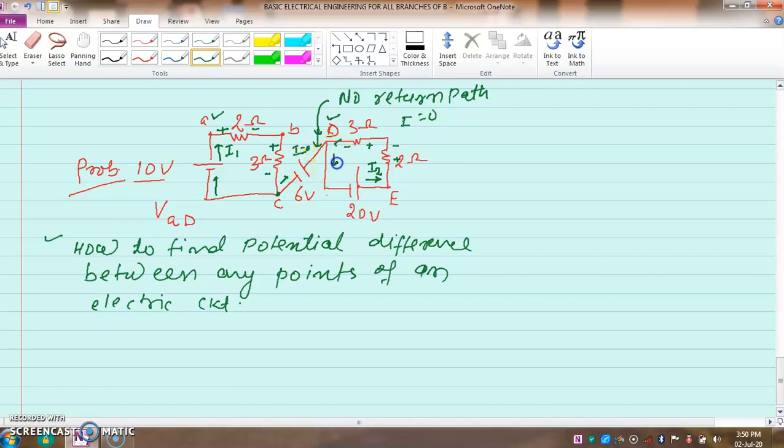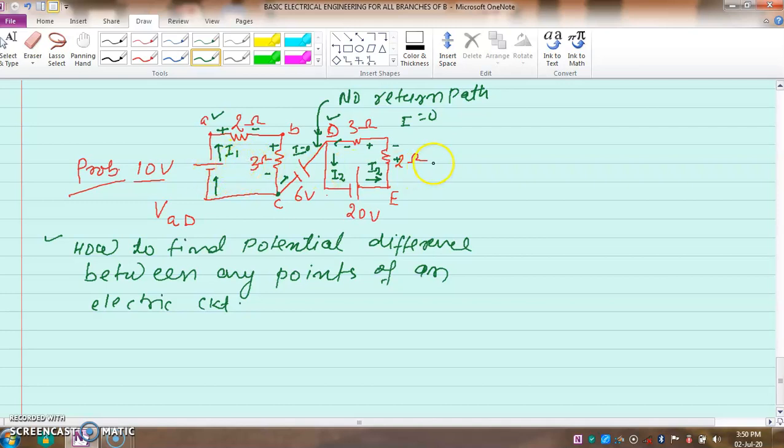So I2 will come here, and whatever current comes from the positive terminal, the same current enters the negative terminal. So we have completed the current distribution for this closed path and also for this closed path.